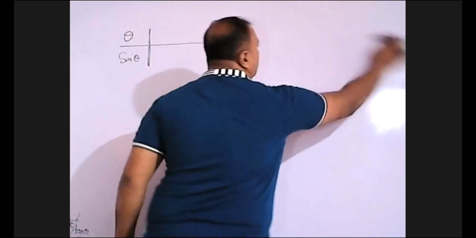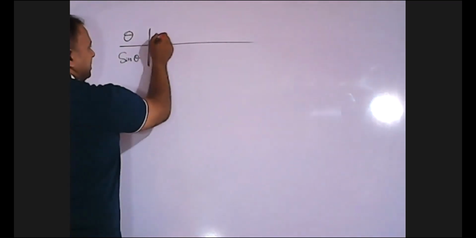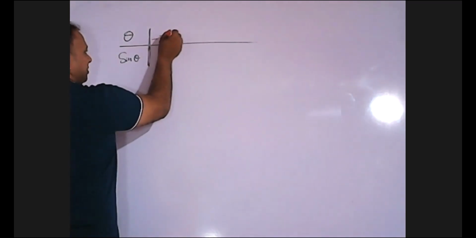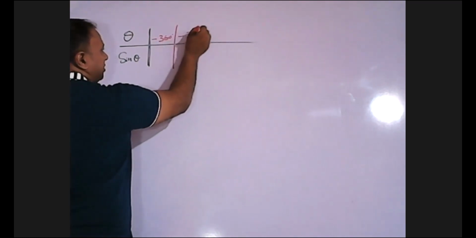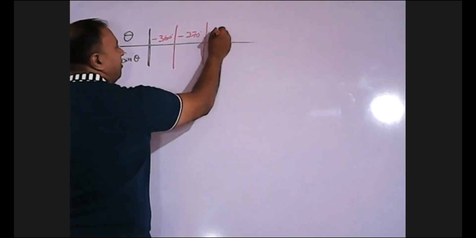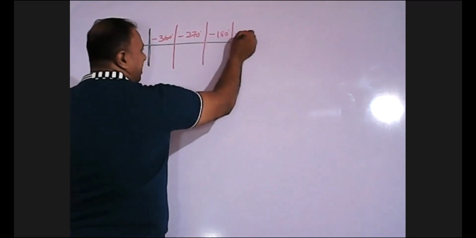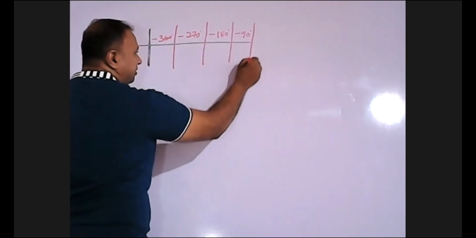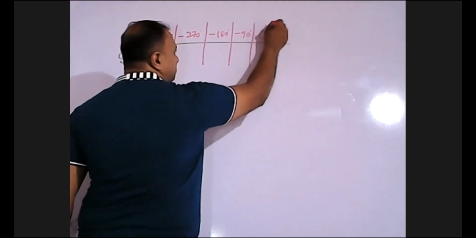I think it is better to go with the minus side. Minus 360, minus 270, minus 180, minus 90, then it comes to 0.